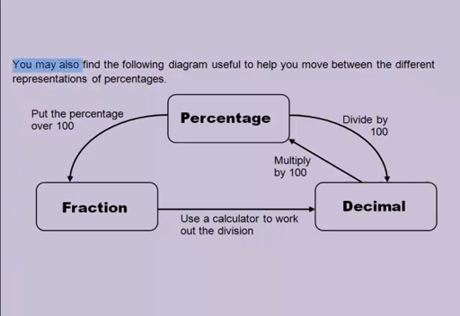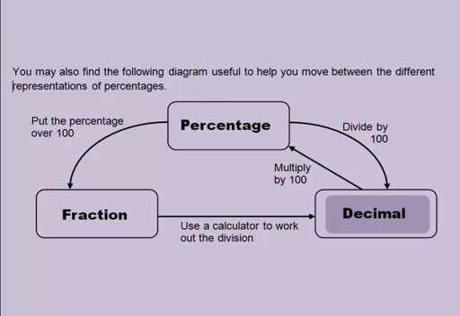You may also find the following diagram useful to help you move between the different representations of percentages. If you want to convert between a percentage and a fraction, you put the percentage over 100. If you want to move between a percentage and a decimal, you divide by 100.